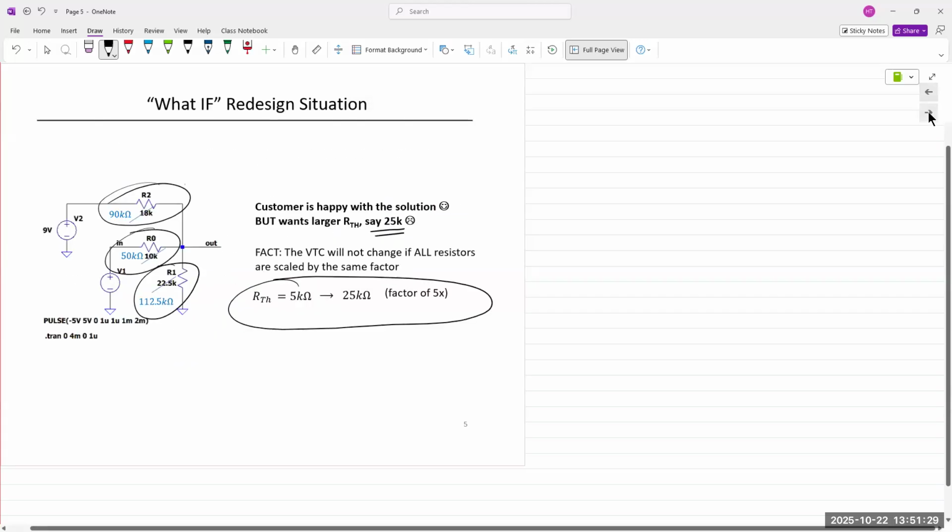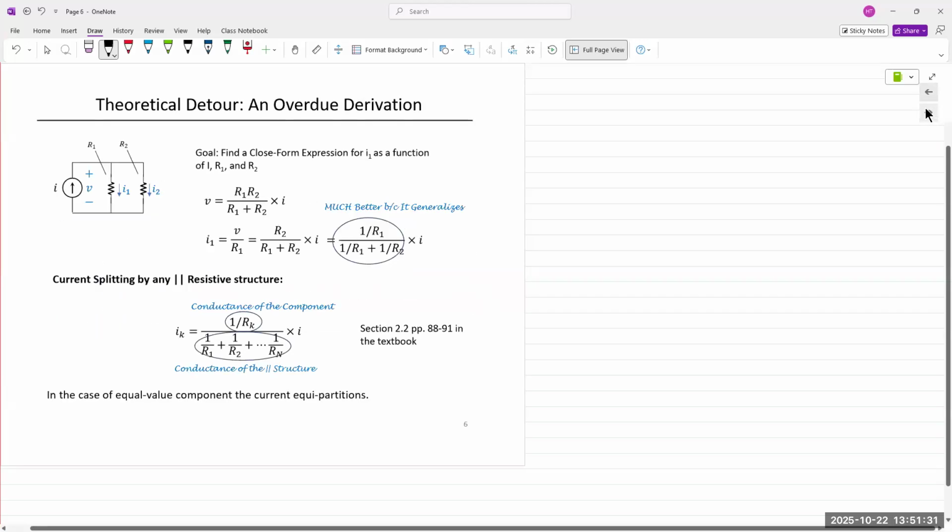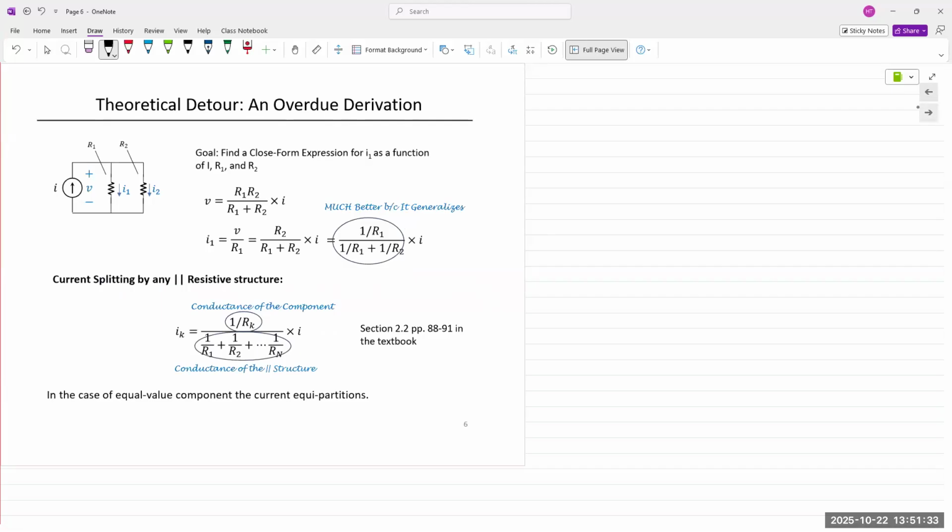Okay, so we have about 10 minutes left. Just want to quickly do this. In basic physics, you've studied resistance. Did you all study conductance at all? Okay.